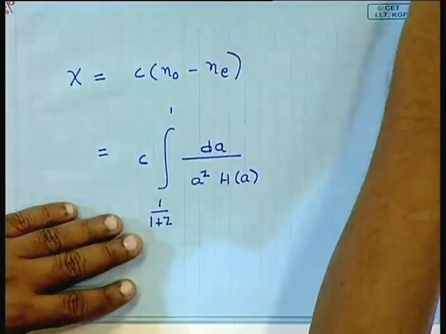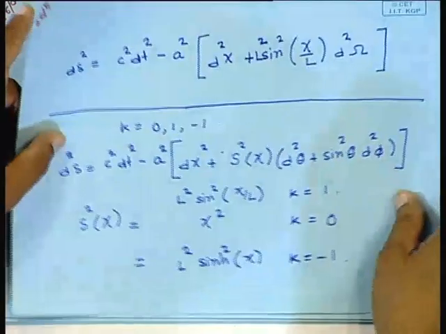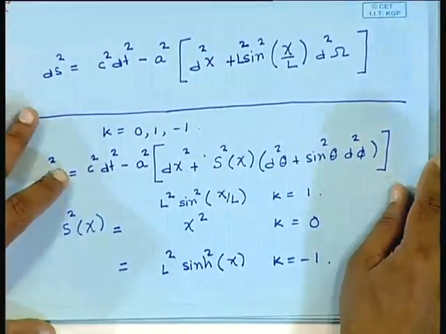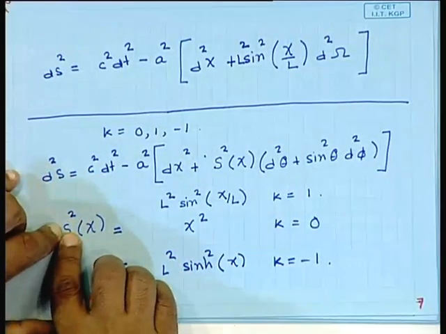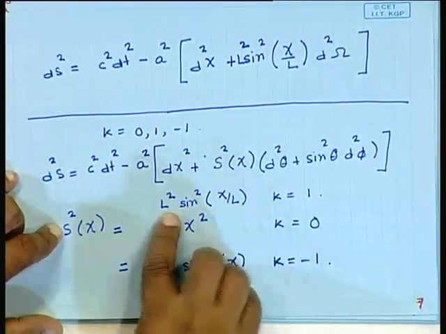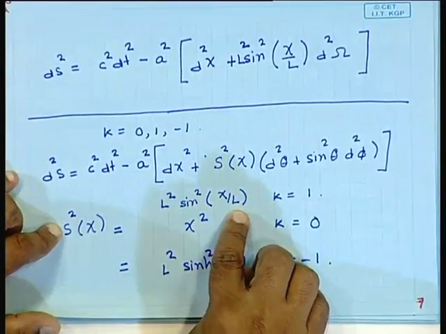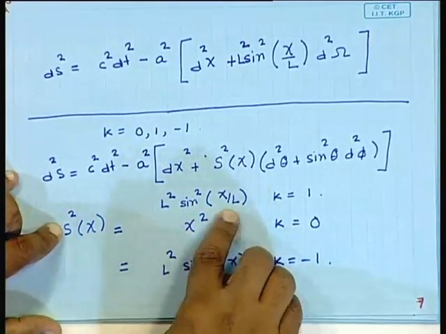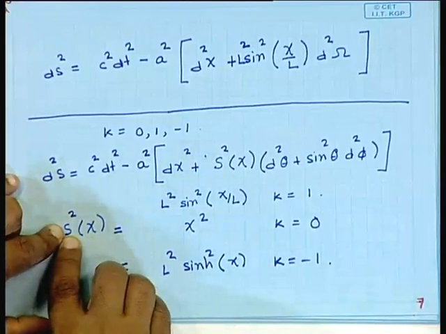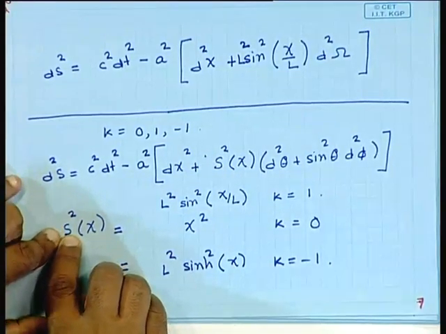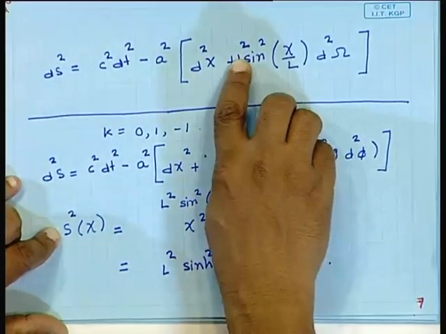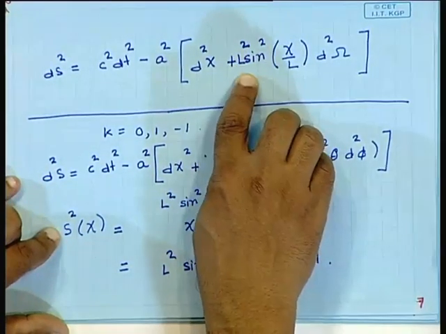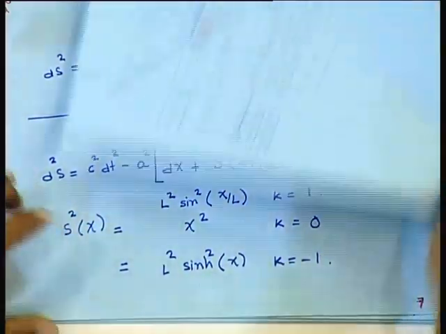Now, suppose we have the same value of chi. For the same value of chi, the value of s square is going to be smallest for this model. In this model, the value of s square has an upper limit. This is like the radius of a sphere.